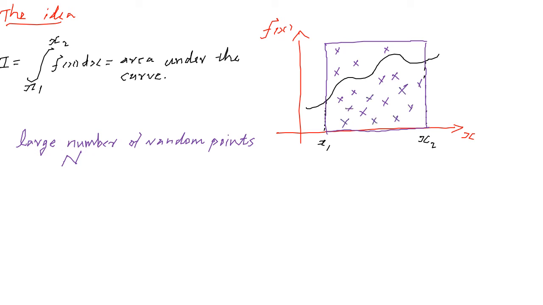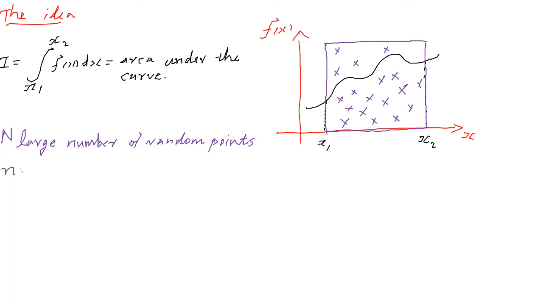Okay, this is our capital N. Capital N is the large number of random points we have chosen. Now we shall consider how many are there inside. So we will just count how many are there. Let there be small n such points.